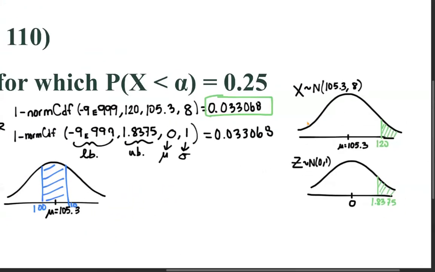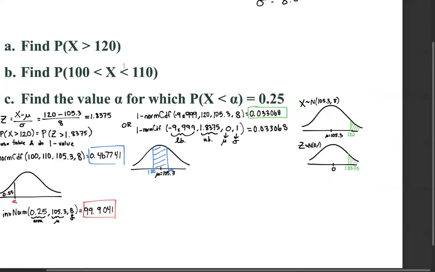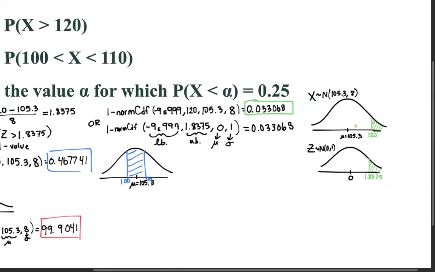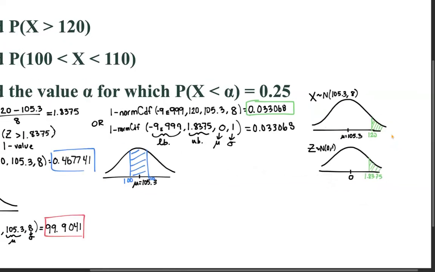If I were to backtrack again and draw out the normal curve, that's what I like doing. Drawing pictures helps. So I would draw a normal curve, or a bell-shaped curve, to resemble the normal distribution. It's centered around the mean of 105.3.